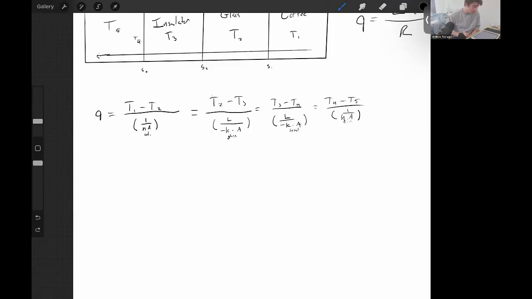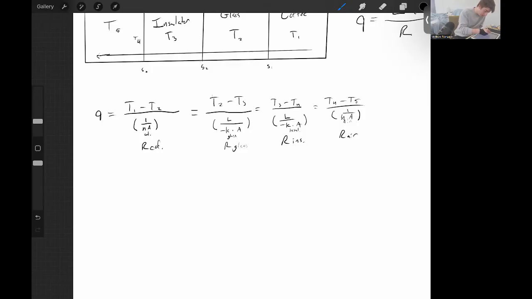We're going to lay out all of the terms with heat, the resistance, and the change of temperature, and add them together so that we have a total expression for heat. For this, I'm just going to refer to this as the R of coffee. This is the resistance of glass. This is the resistance of the insulator. And this is the resistance of air.